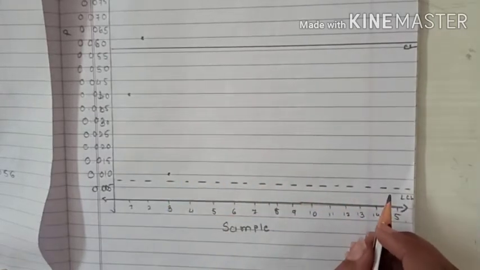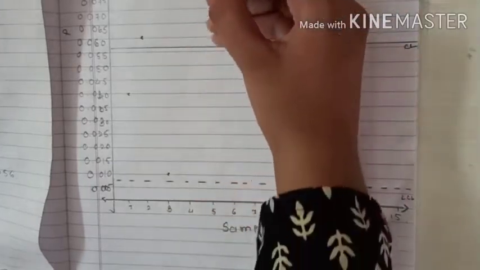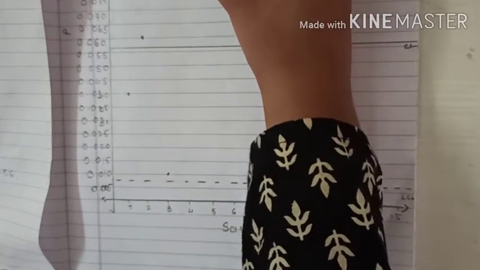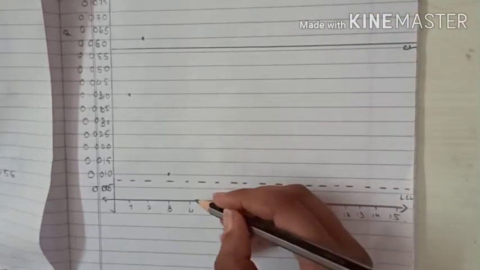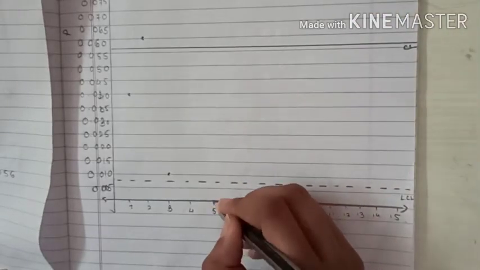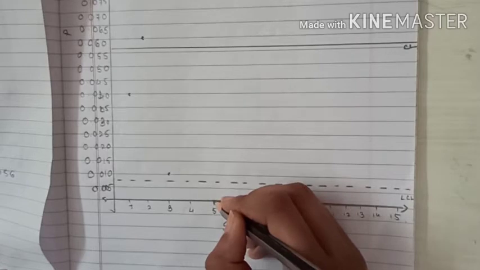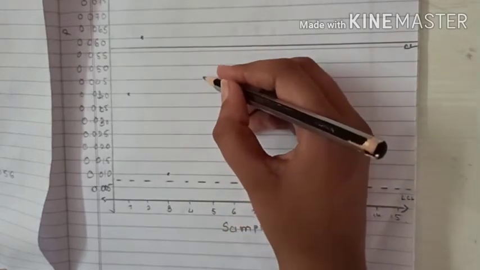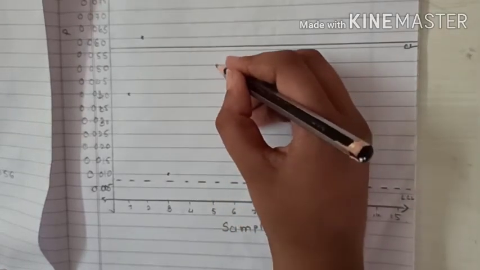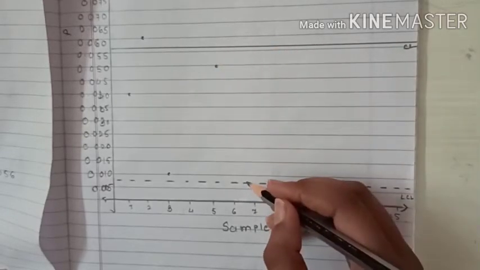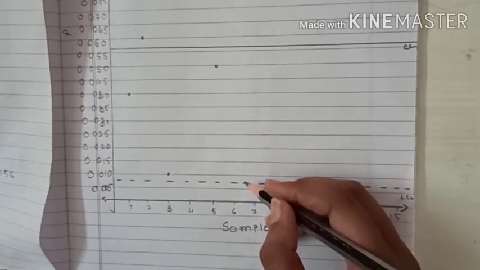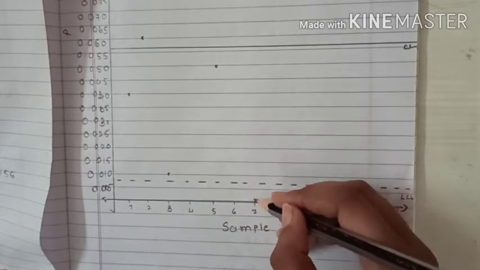Then 0.1 for the fourth. Then fifth, 0.05. It will come here. For the sixth, 0.075.